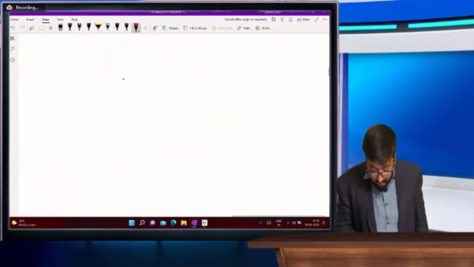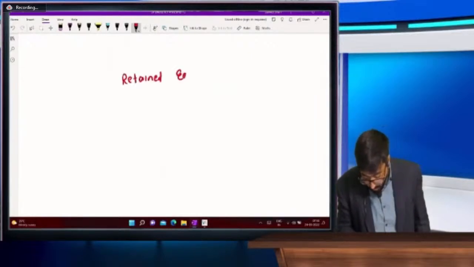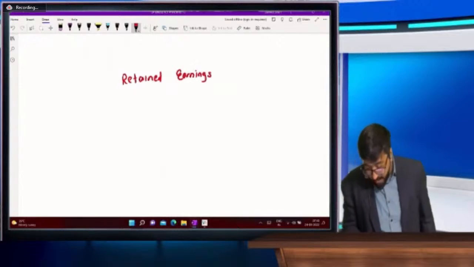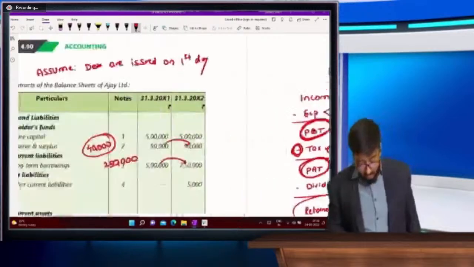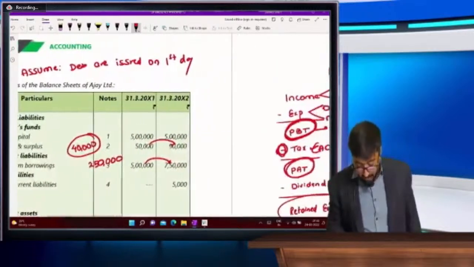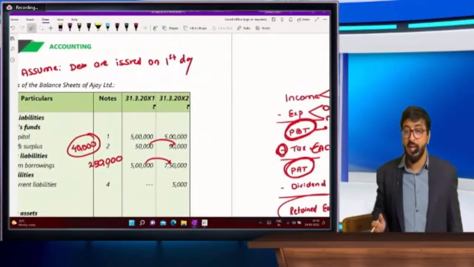So my retained earnings, yes, now how my cash flow statement will look like. There is no indirect method because P&L items are missing.